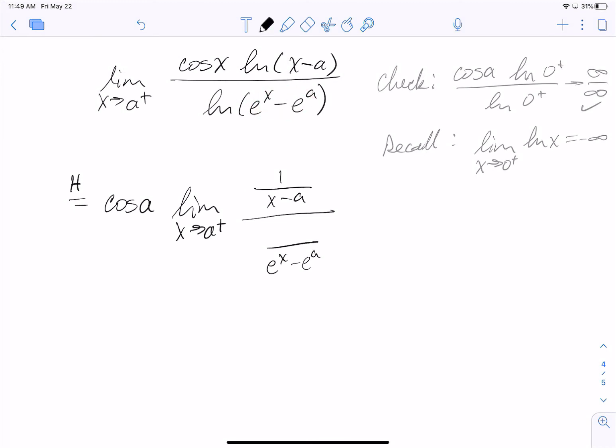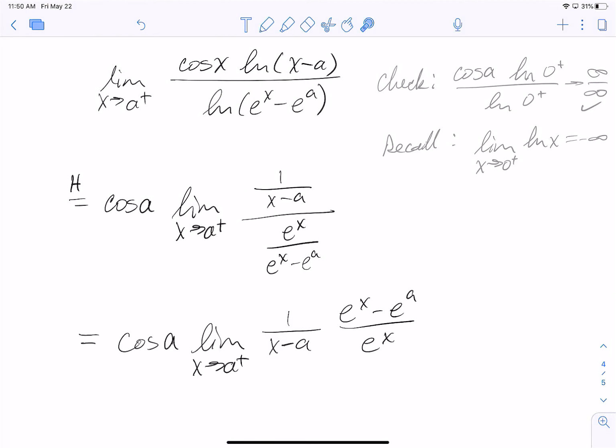The derivative of the inside function is e^x. Rewriting, this becomes the cosine of a times the limit as x approaches a from the positive side of 1 over x − a times the reciprocal of the denominator, so (e^x − e^a) divided by e^x.